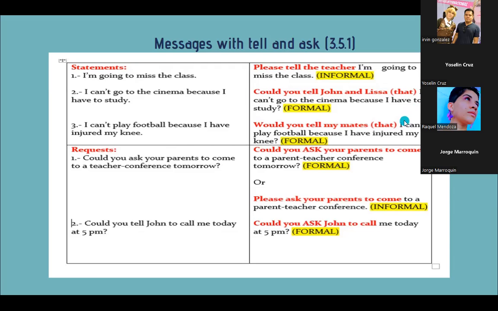Now, as you see over here, this "can't" is not a modal of permission, okay? Like, can you?